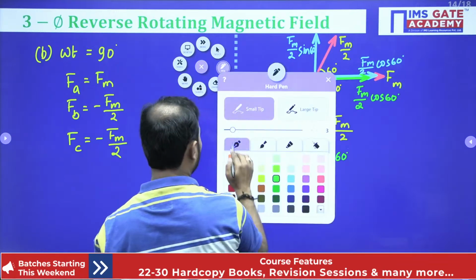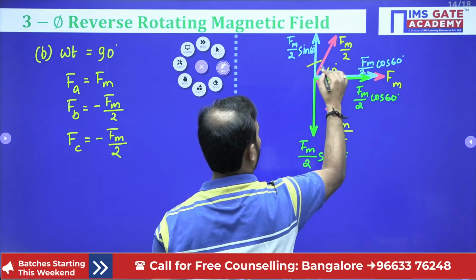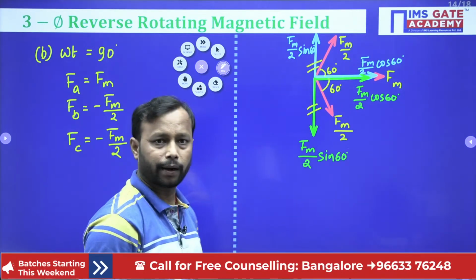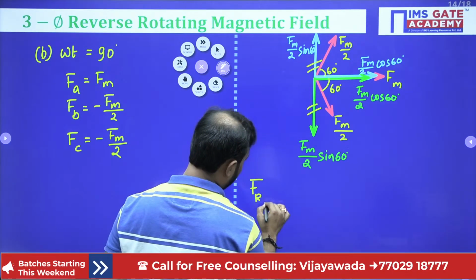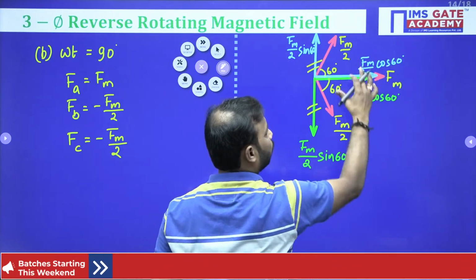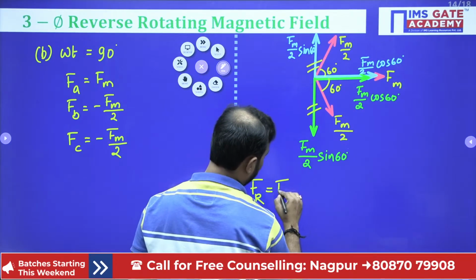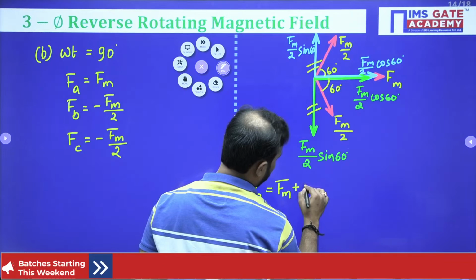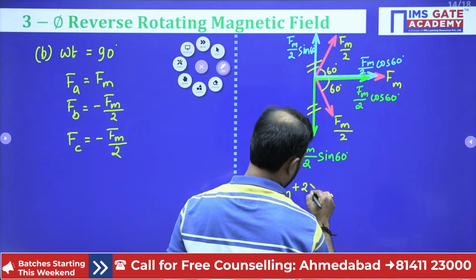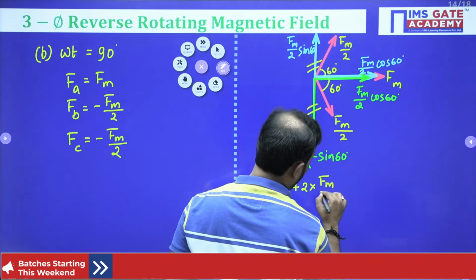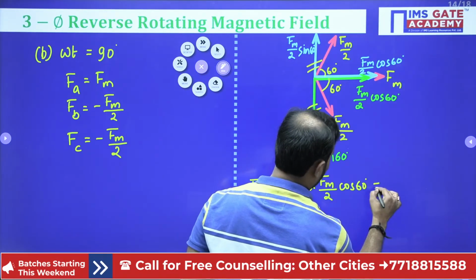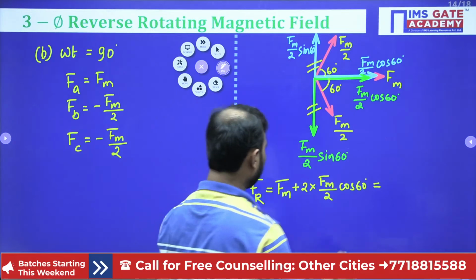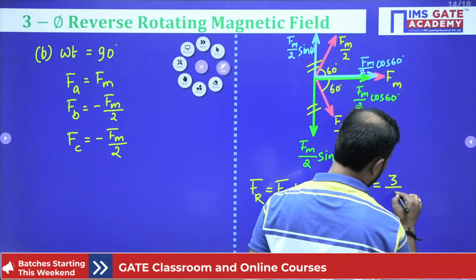So these two will be cancelled out, the vertical one, because of equal and opposite nature. And what will be the resultant value of MMF? This Fr is equal to only due to this component, which is Fm plus 2 times of Fm by 2 cos 60. So again you are going to get 3 by 2 Fm.